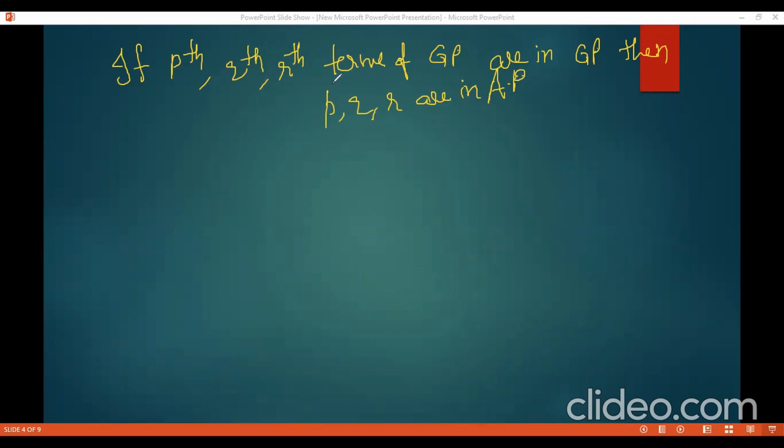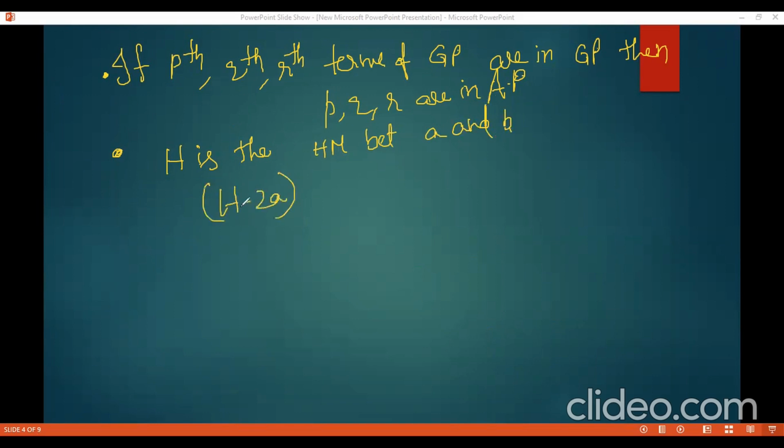Next. If H is the HM between A and B, now about harmonic mean, then (H minus 2A) into (H minus 2B) is equal to H square.